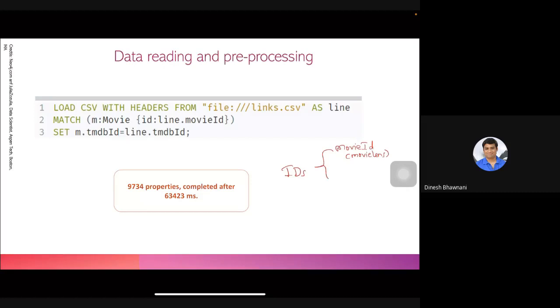Another one is coming from IMDb, so it is called the IMDb ID. Then TMDB, this is just called ID, the TMDB ID.